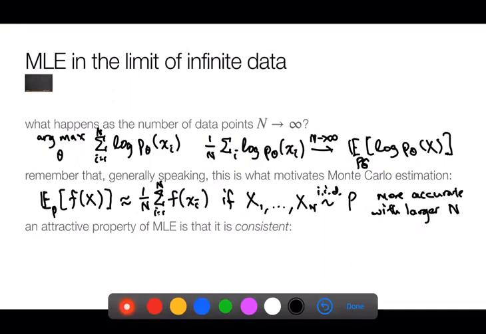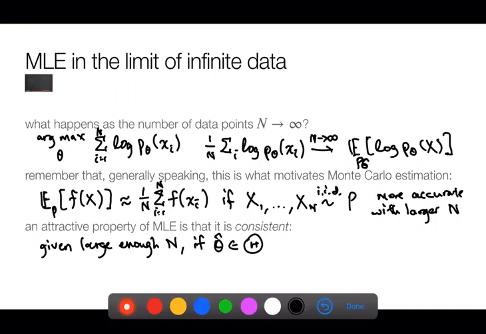The consistency property says that if I'm given large enough n, so if I have enough data, and what is enough depends on the particular thing that you're trying to estimate, but if I collect more and more data, then if the parameters that I'm trying to estimate actually are in the set of parameters that I'm considering.